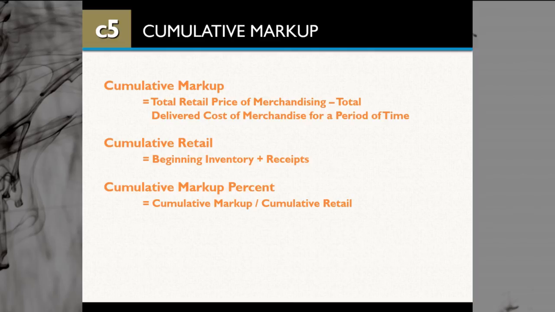Beginning inventory means the stock that you have on hand, so you already have this inventory. Plus receipts means merchandise on order, so you order it and it's on its way. And your cumulative markup percent can be calculated based on these two: your cumulative markup dollar divided by cumulative retail will be your cumulative markup percent.